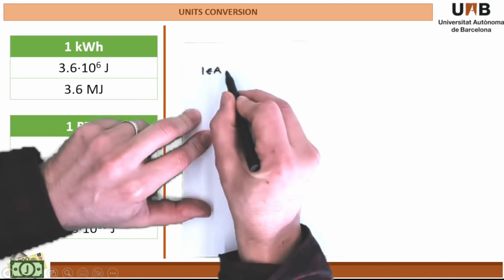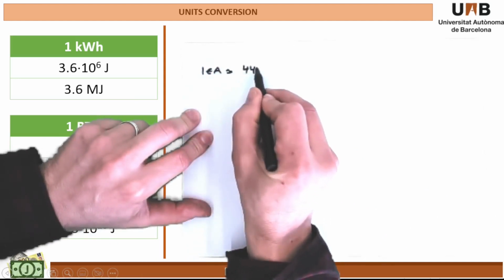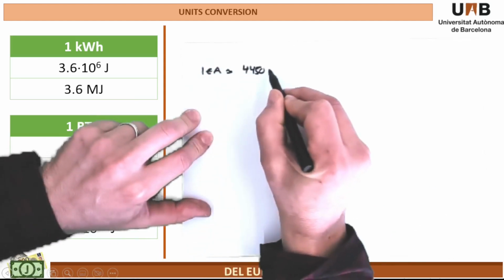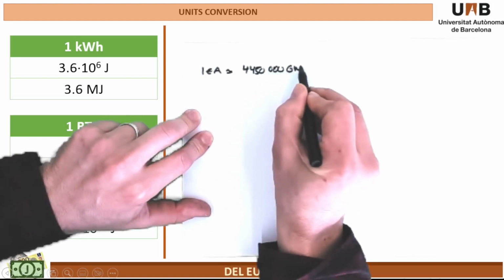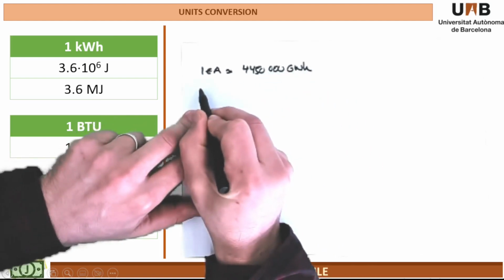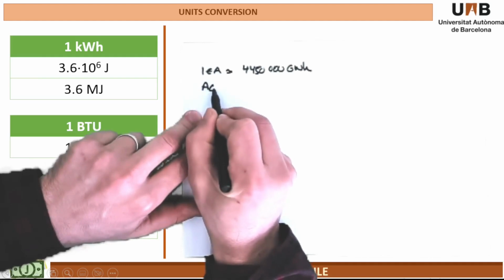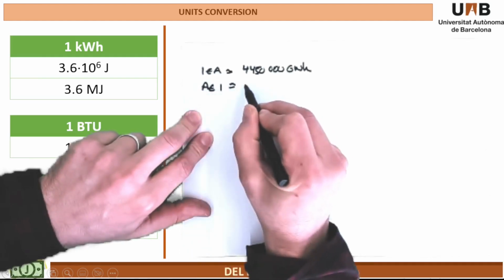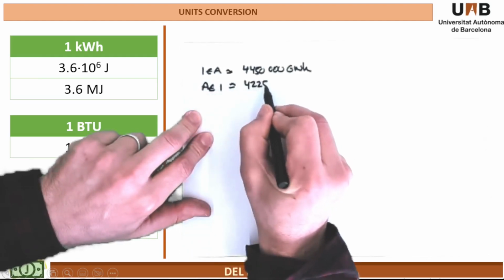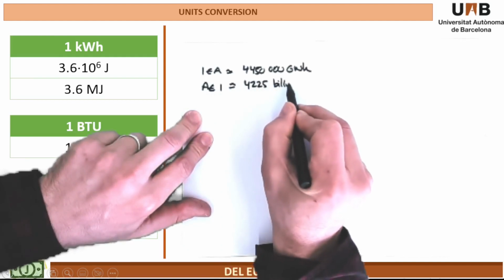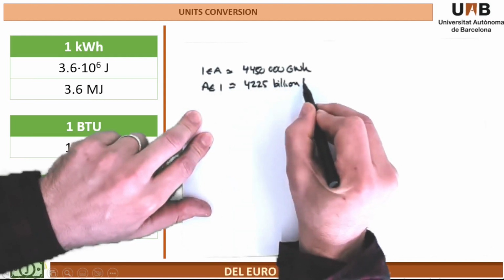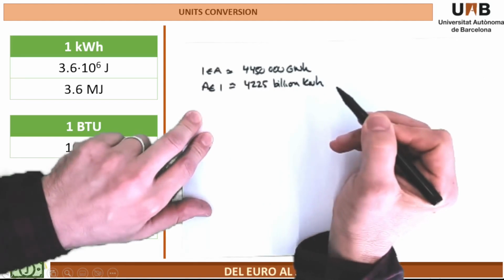Okay, let's see if both numbers are the same. On one side, we get approximately 4,450,000 gigawatt hour, and on the other 4225 billion kilowatt hour.